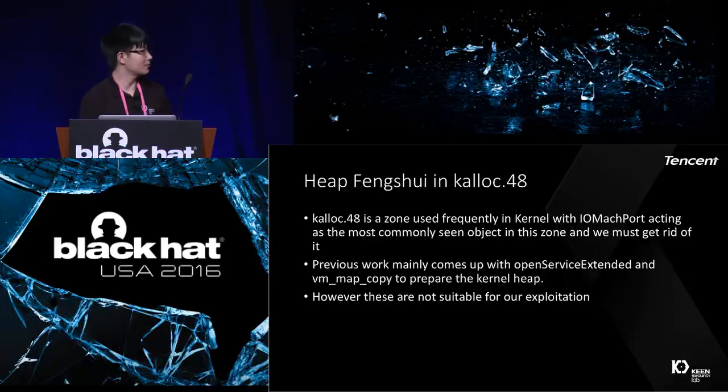But there is a problem for our exploitation, because we are dancing in the kalloc.48 zone, and there is a very annoying thing called the ipc port. Our mach port also has a size of 48, and it will also fall in this zone. And we need to get rid of it to get stable heap control.